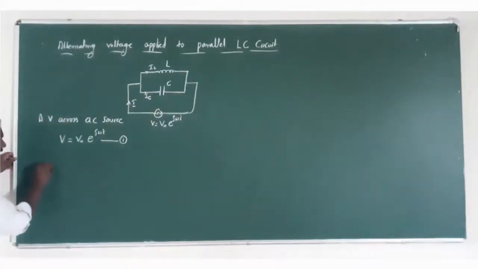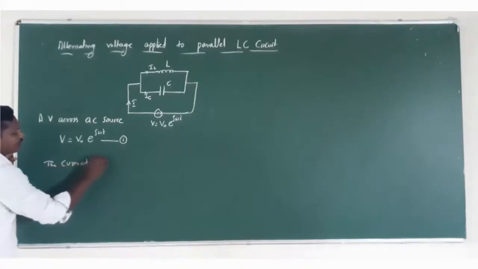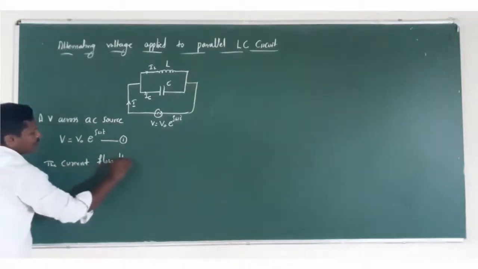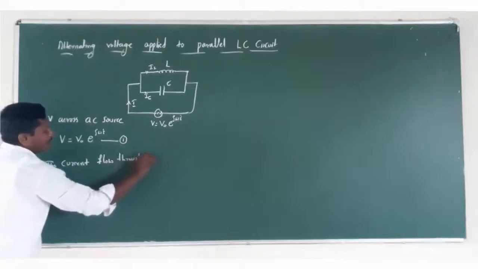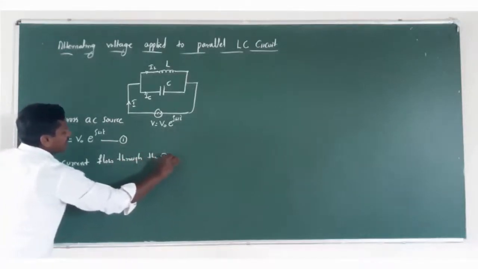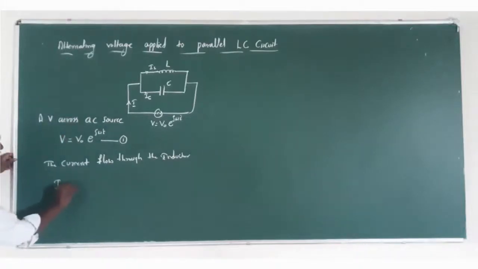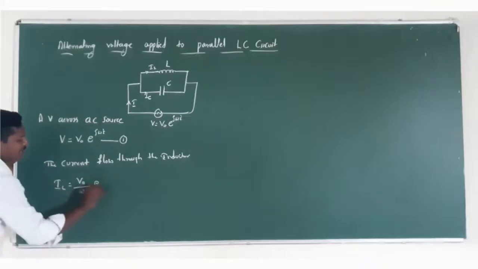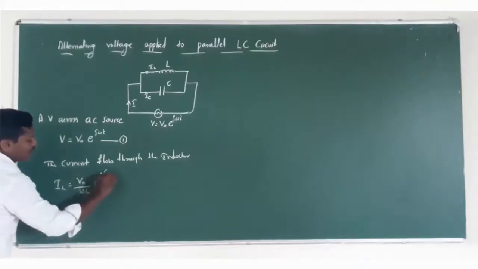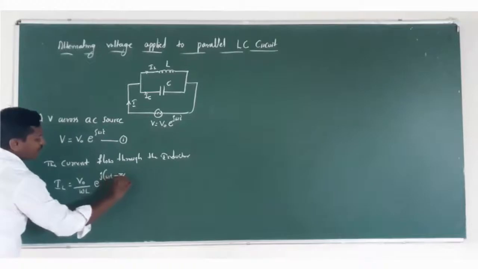The current through the inductor, IL, is equal to V naught divided by omega L, e raised to j of omega t minus pi by 2.